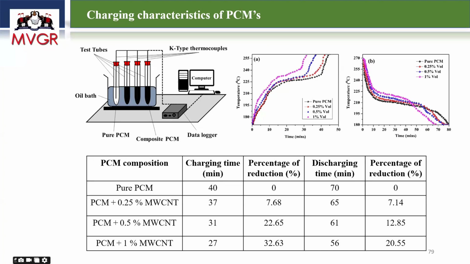If you increase the thermal conductivity of the material, it will be charged quickly. Because of the higher thermal conductivity, if you give the heat, it will easily absorb the heat. Otherwise, if the thermal conductivity is very low, it will act like an insulator, so the heat you are giving is not absorbed by the phase change material. That's why we need to increase the thermal conductivity.